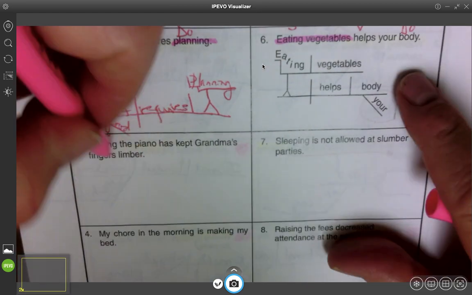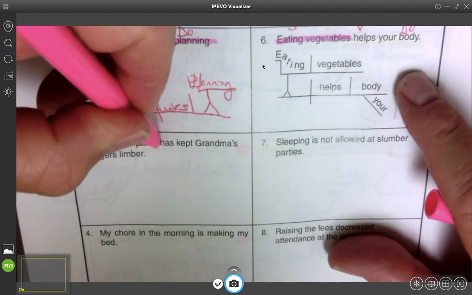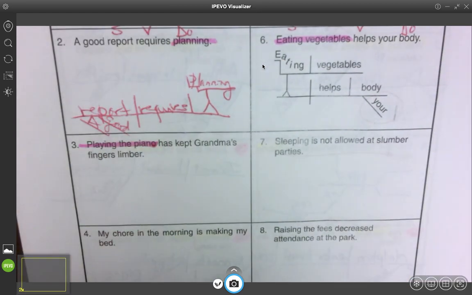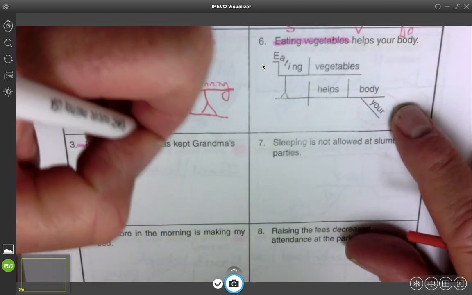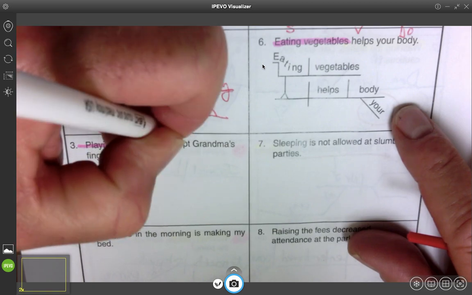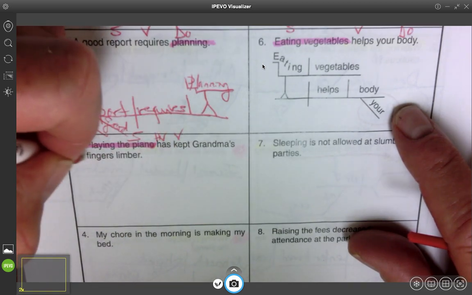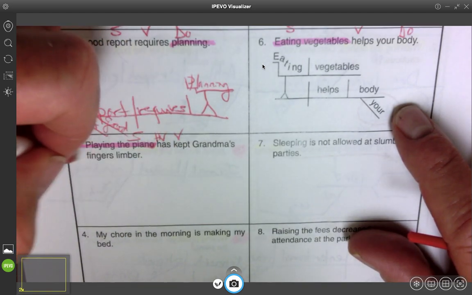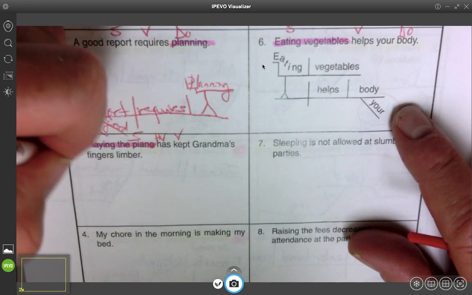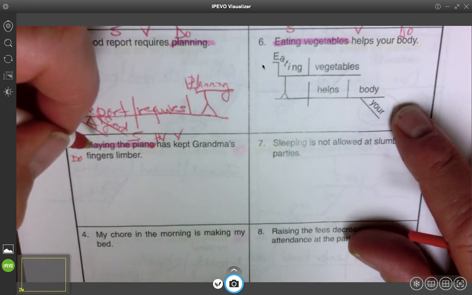Sentence 3. Playing the piano. This is my subject. Helping verb, verb has kept what? Direct object, fingers.